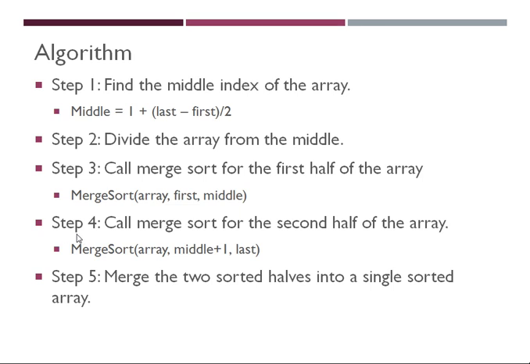Then in step 4, we call merge sort for the second half of the array, and we continue to do this. In the last step, we merge the two sorted halves into a single sorted array.